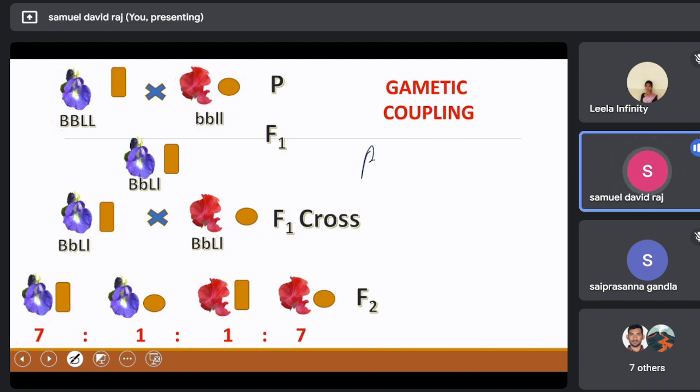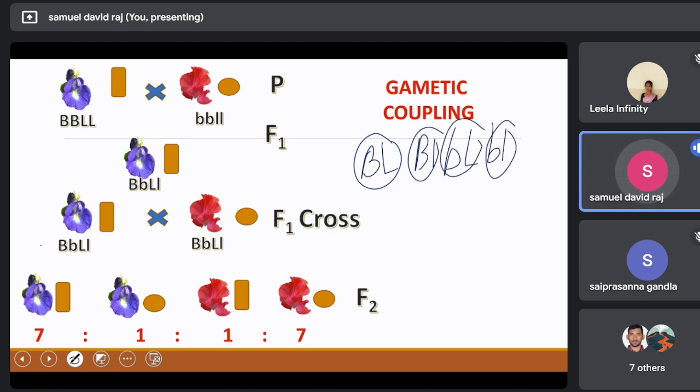These are the four gametes of the F1 hybrid. And there is a double recessive parent which gives rise to the small b, small l gamete. Simple.